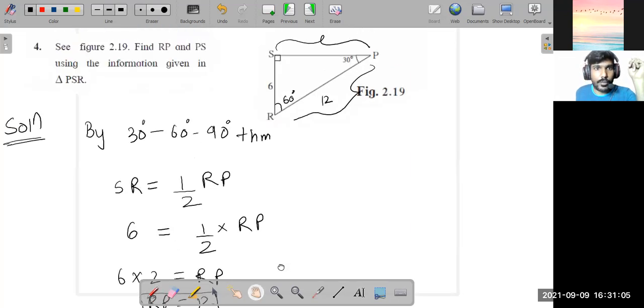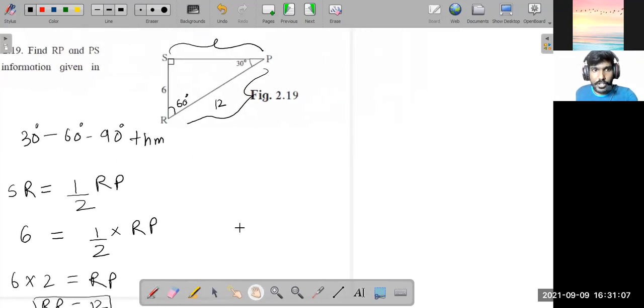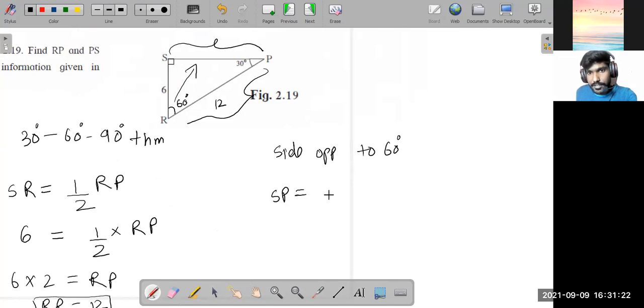But we have to find out PS also. So here we'll see the side opposite to 60 degree. Which is the side opposite to 60 degree? SP. Yes, the side opposite to 60 degree, and the formula says that is root 3 upon 2 times the hypotenuse, that is RP.